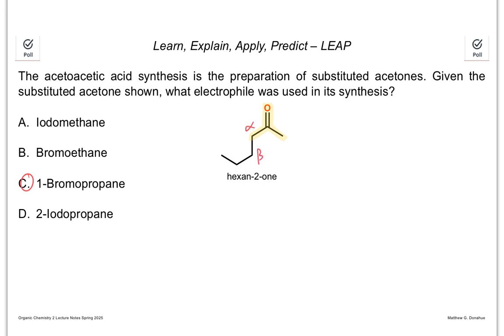That's the beta carbon. So that's the bond that we make through the SN2 reaction. So the green part here has to come from the electrophile, and then that beta carbon has to have the leaving group.